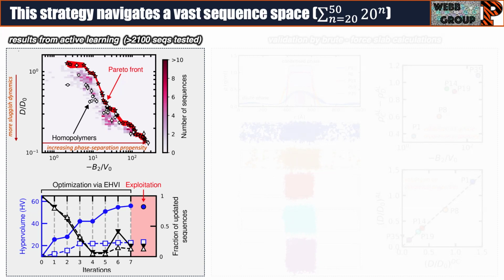The original data that I showed you for the homopeptides are the open white circles. And just to drive home, the stars here, the Pareto front, represent sequences for which we cannot find any other sequence in this space that measurably improves both of these quantities simultaneously.